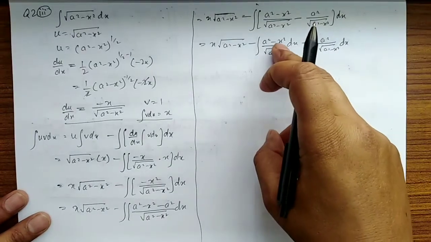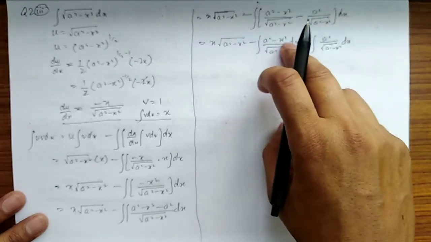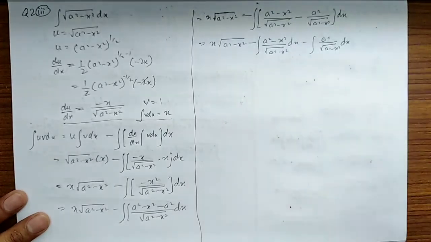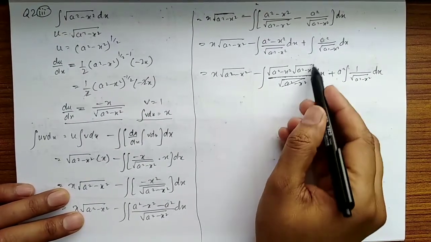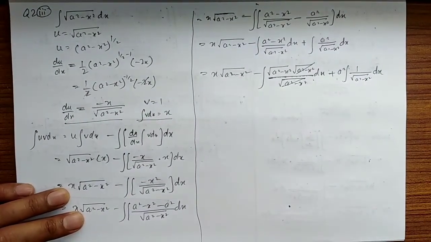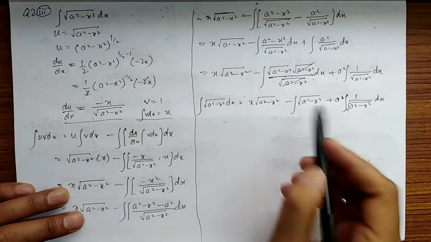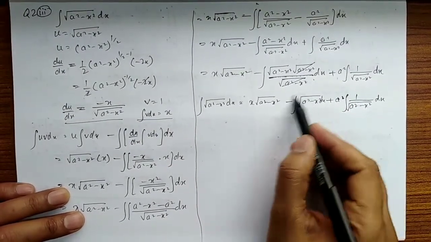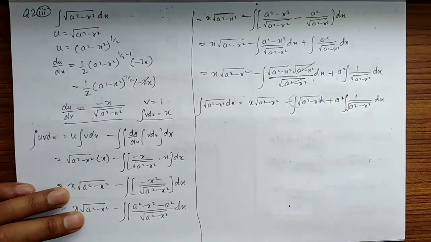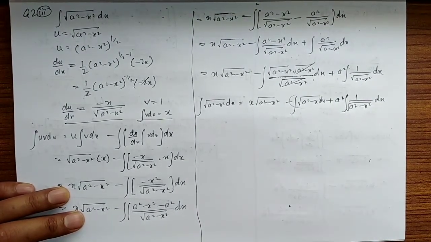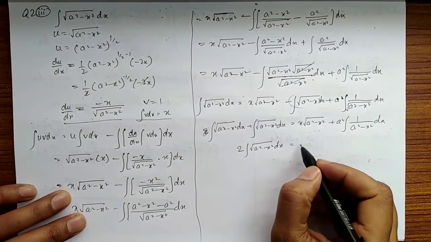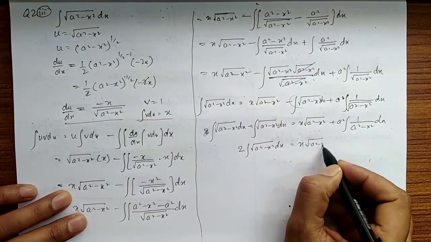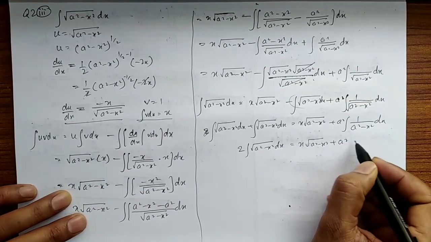So now by breaking this numerator a square minus x square into 2 roots of a square minus x square, we obtain this expression, and cancelling this part and this part, we have a new expression, this one. Shifting this part to the left hand side and adding it, we have twice of that part. Combining these two, we have twice of this part equal to x root of a square minus x square plus a square.